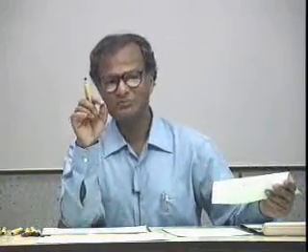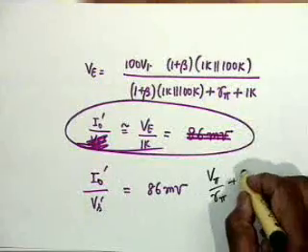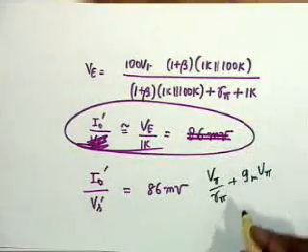Should we also get the V pi by R pi? We are neglecting that. You see, that contributes to beta plus 1, and we are ignoring 1 with respect to beta. Has the rest of the class understood? You see, my current is V pi by R pi plus GM V pi.